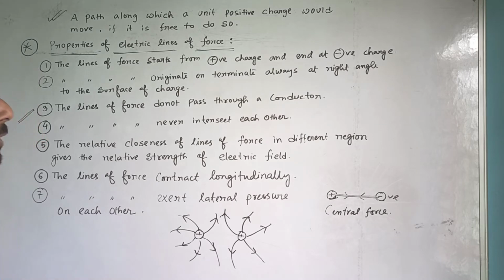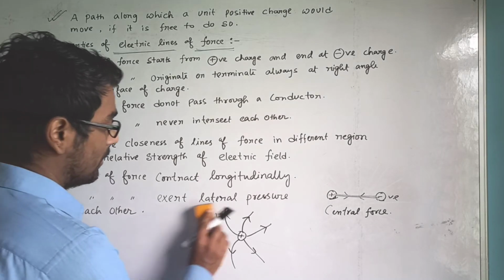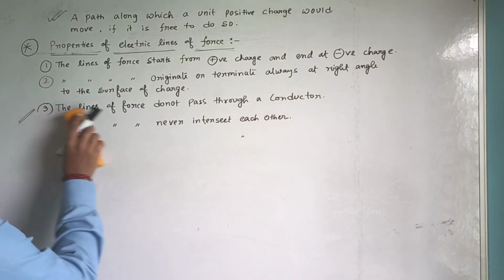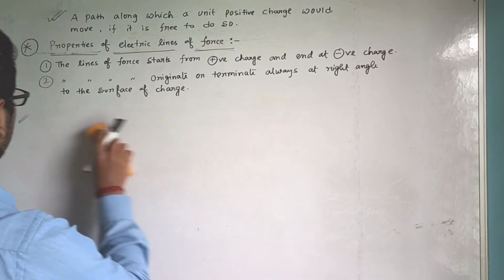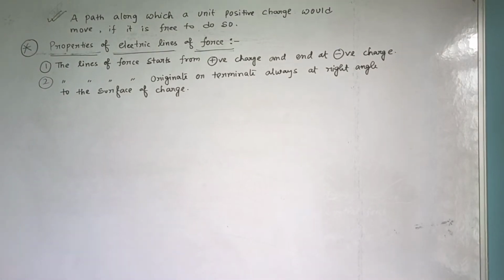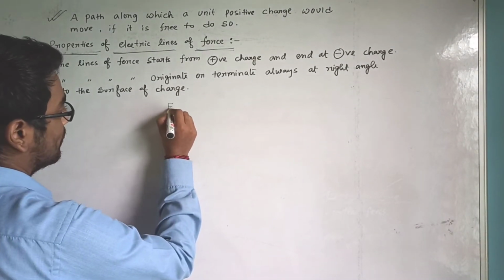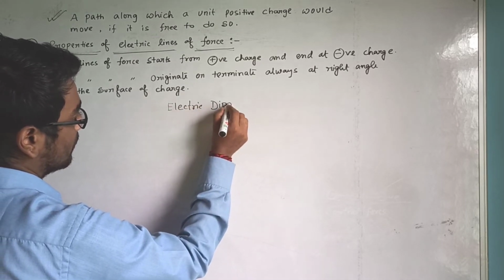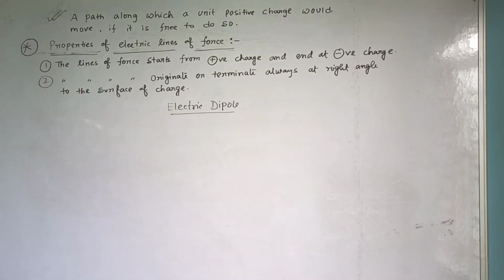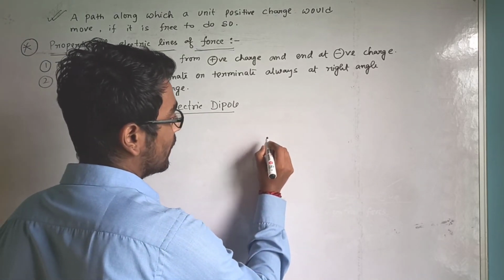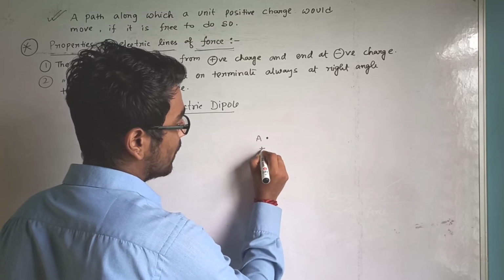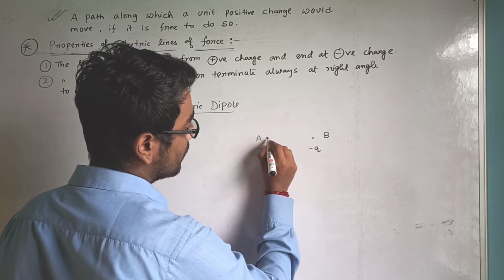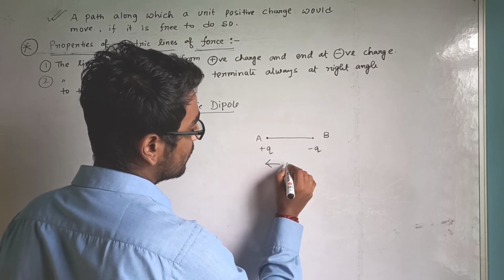Okay. Now we will discuss the electric dipole. Suppose here at point A there is plus q charge, and at point B there is minus q charge, and they are separated by a distance a.